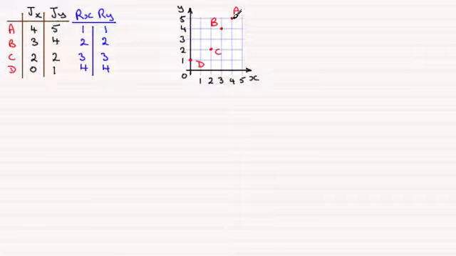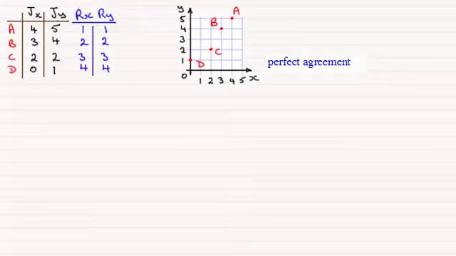You can see that A was awarded 4 from X and 5 from Y. And I've plotted the other marks given to B, C and D here. So what we've got here then is perfect agreement between the 2 judges.